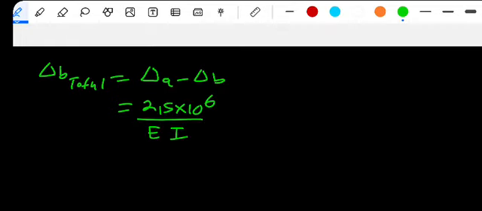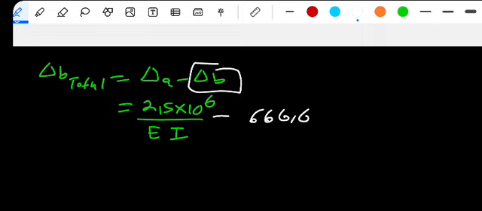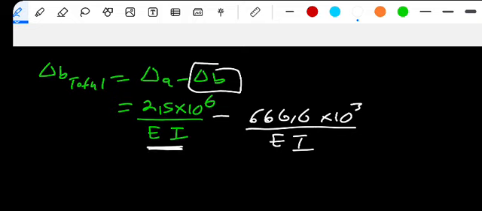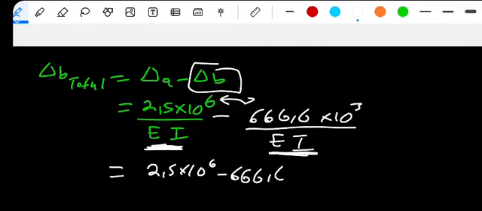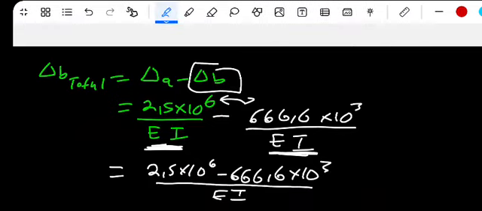Now here we have to subtract the deflection at B. We know there is the one of 666.6 times 10 to the power of 3 divided by EI. Mathematically, when you have the same denominator, you simply focus on the top part. You subtract those. This will be the same as 2.5 times 10 to the power of 6 minus 666.6 times 10 to the power of 3. You only take one denominator. This is just the maths.